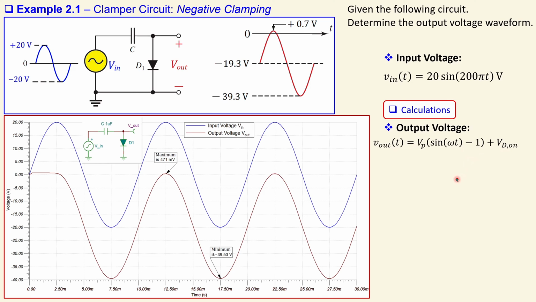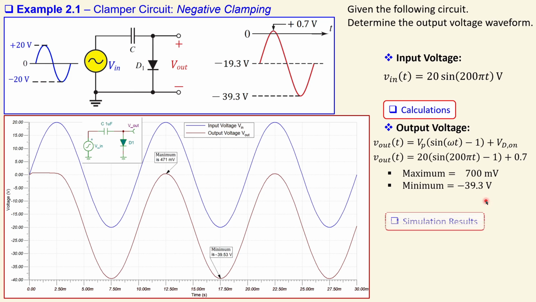So if we now substitute the values we have in this expression for the Vout, we have now Vp is 20, which is the input voltage peak value, and the sine of omega t, omega was 200 pi, and we have also the VD on for the diode, which is 0.7 in the ideal case. Now, in this case, we will then have, for the calculations, 700 millivolts and minus 39.3 volts.